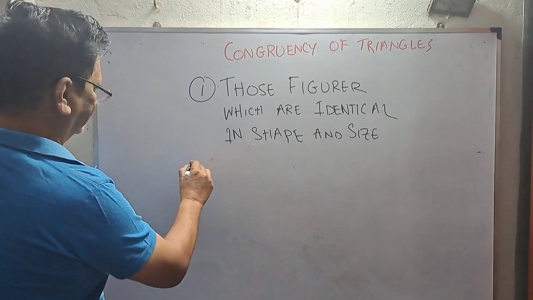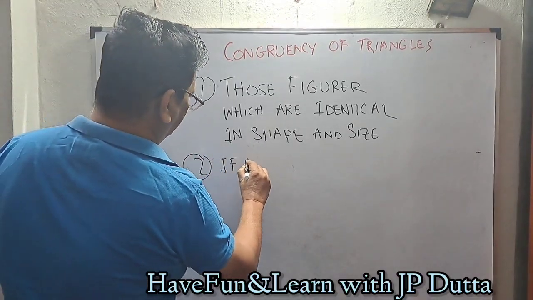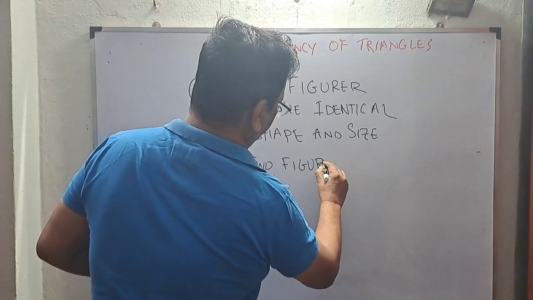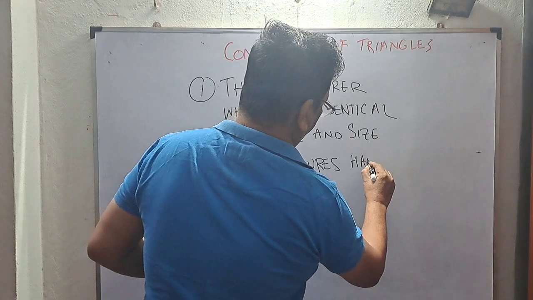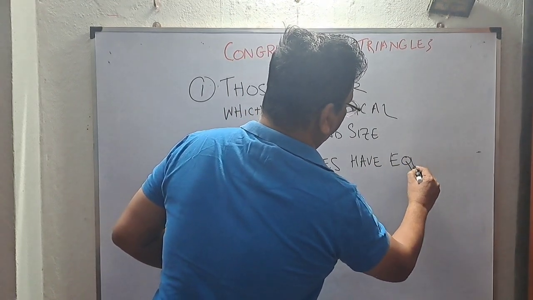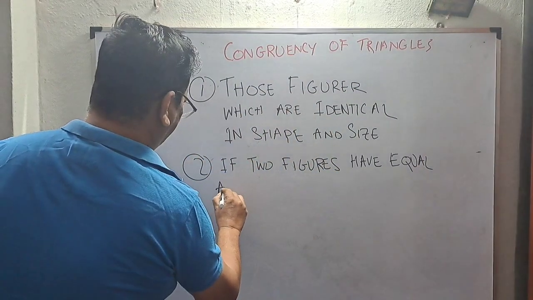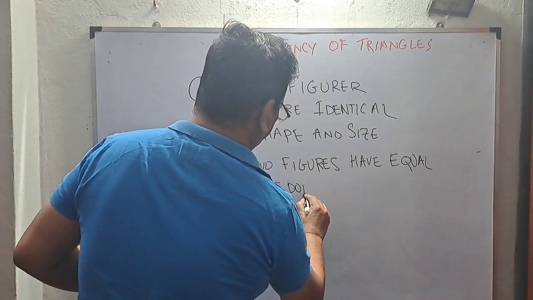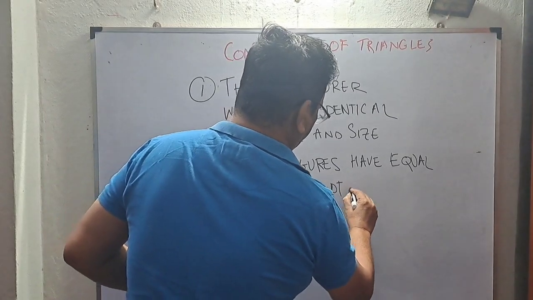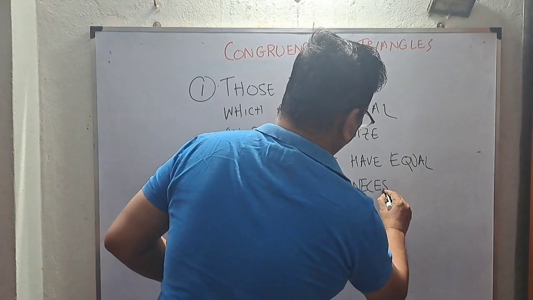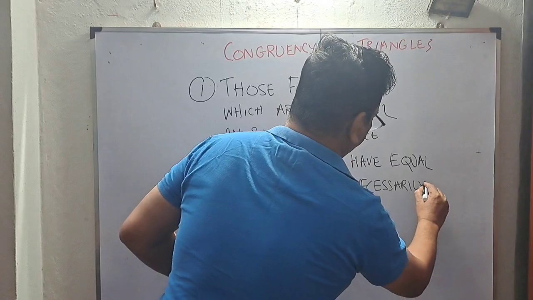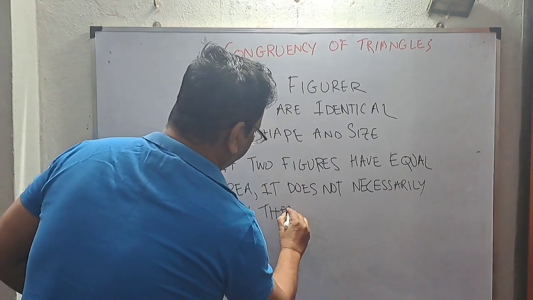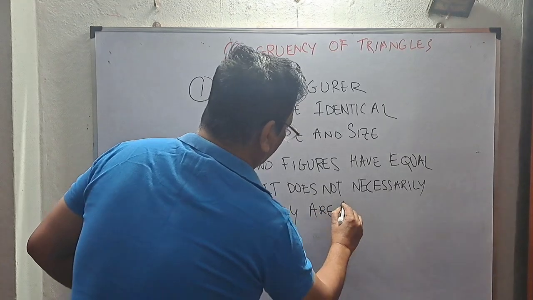We put in another point saying that if two figures have equal area, it does not necessarily mean they are congruent.